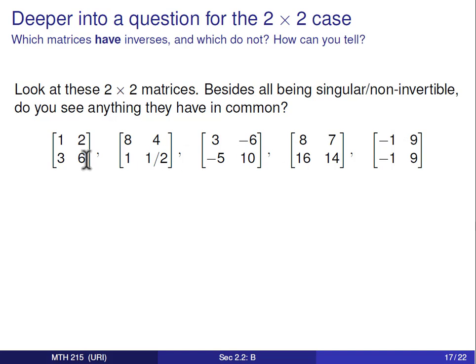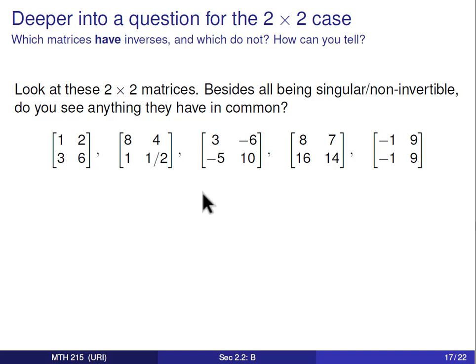But as you stop worrying a little bit about the vocabulary and just take a look at the numbers, one thing you might notice is that there seem to be patterns here. 1, 3 is almost 2, 6. If I just took that first column and multiplied it by 2, I'd get the second column. Or if I took the first column and multiplied it by 1/2, I might turn 8, 1 into 4, 1/2.